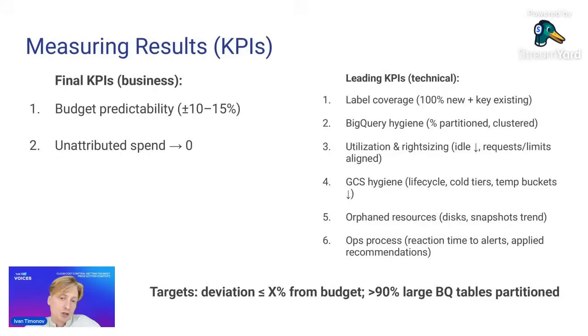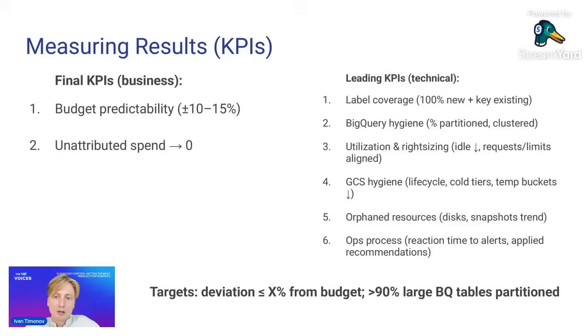Google Cloud Storage hygiene, percentage of buckets with lifecycle enabled, share of data in nearline, coldline, and archive states, and trend of temporary buckets. Orphaned resources, trend of unattached disks and old snapshots, and operational process.